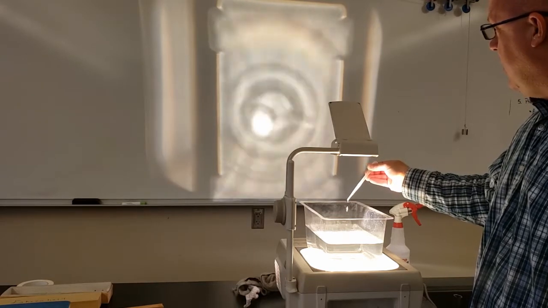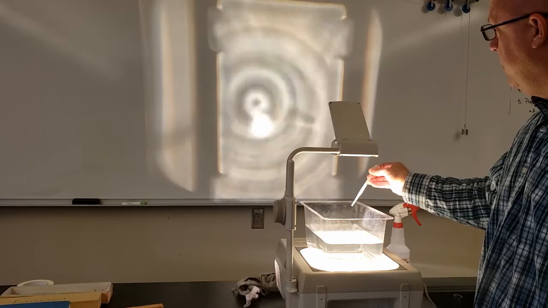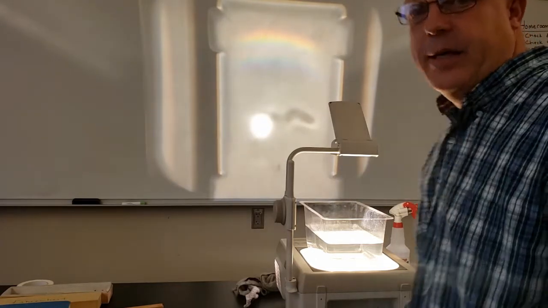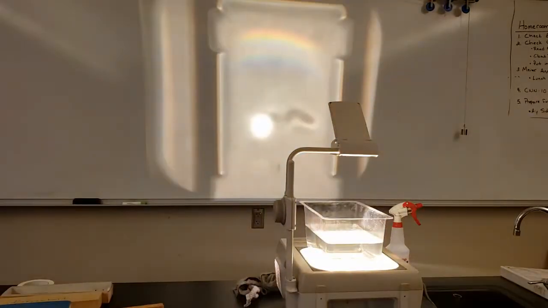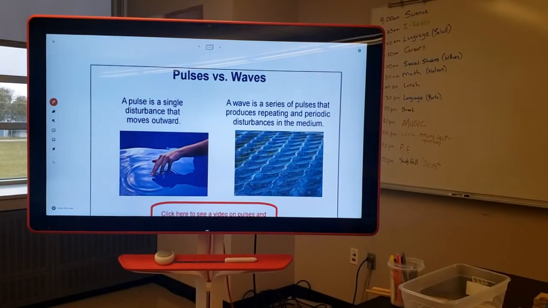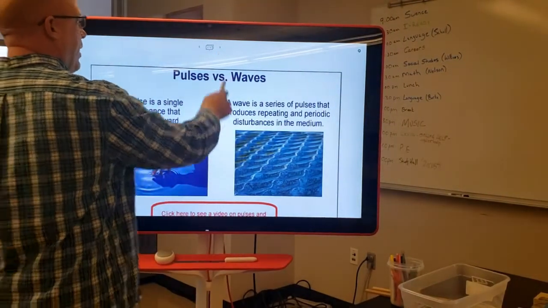And now you can see what it looks like on the other screen, and that is a standing wave. I'll roll this back over here. And so that's a wave. All right. Pulse, waves.